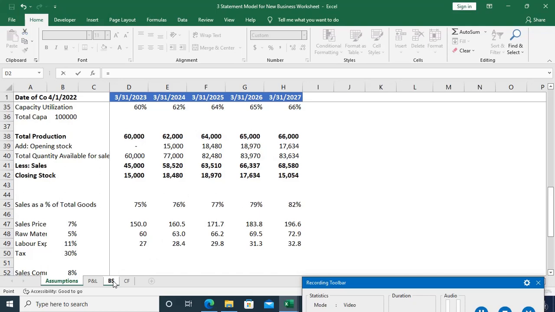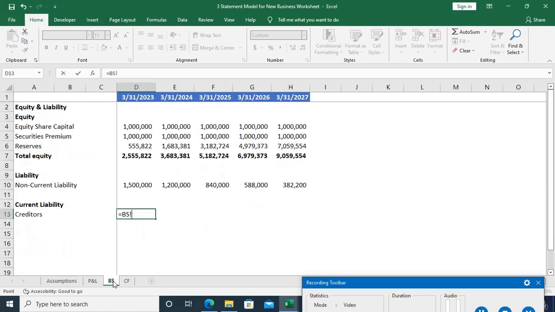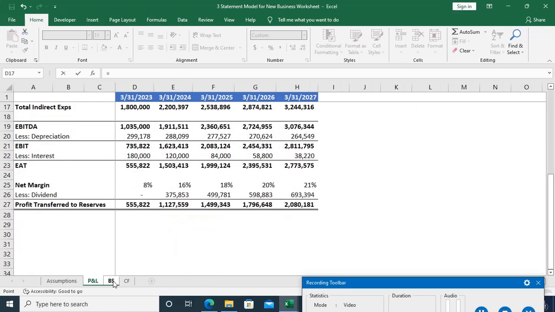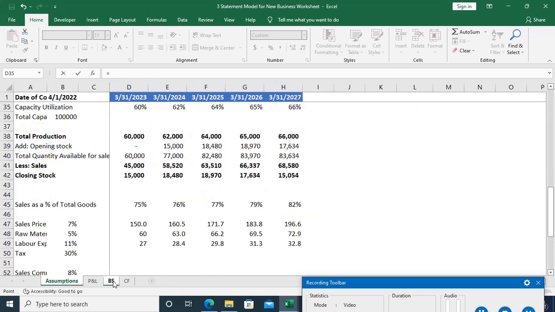If you have purchased this much raw material every year, creditors equal to, it should be like this: 60,000 units was the total purchase throughout the year. You purchased 60,000 units of raw material for production, because you have produced 60,000 units, so that is the amount of raw material you have purchased, right?